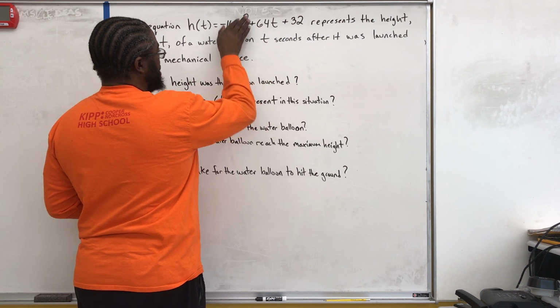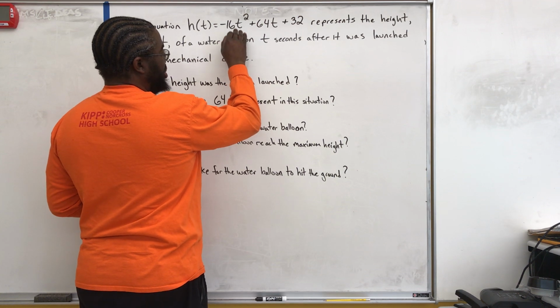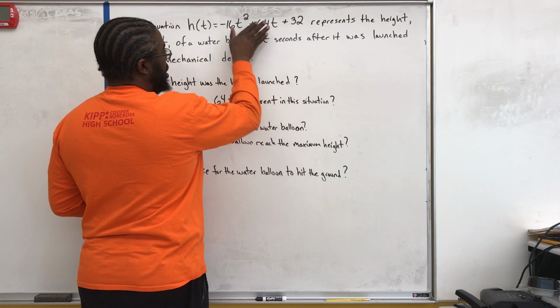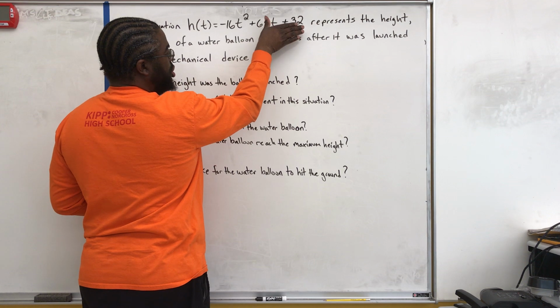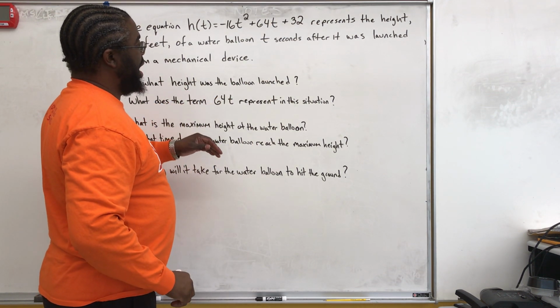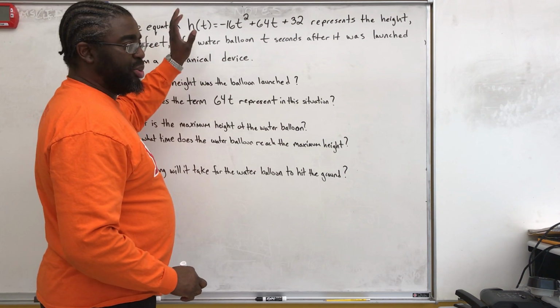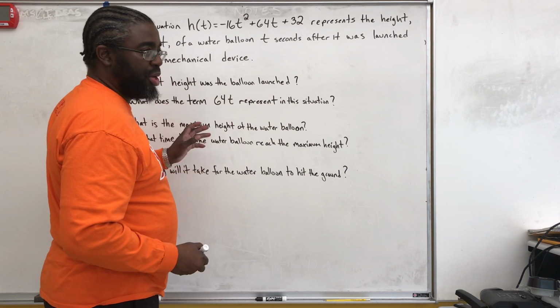Time was 0, this wouldn't be here, because 0 squared times anything is still 0. So at the beginning, when time is 0, the only thing that would be here would be the 32, which means this is my starting point. I start at 32 feet, which means this thing is launched from already being up in a position. So maybe it's launched from a cannon or something, right?